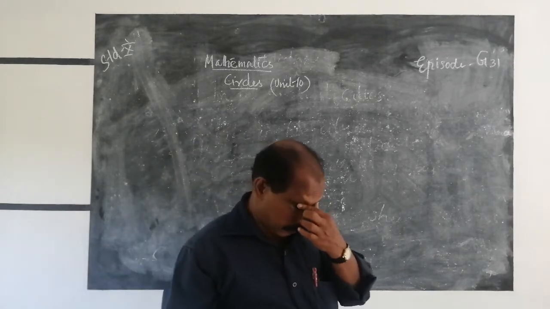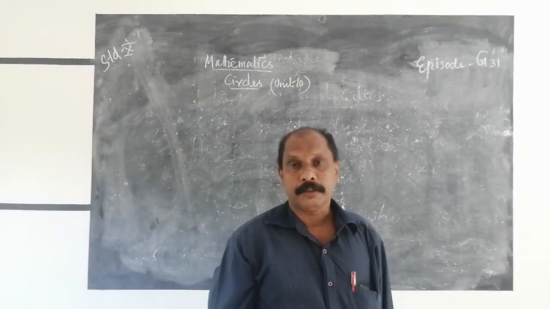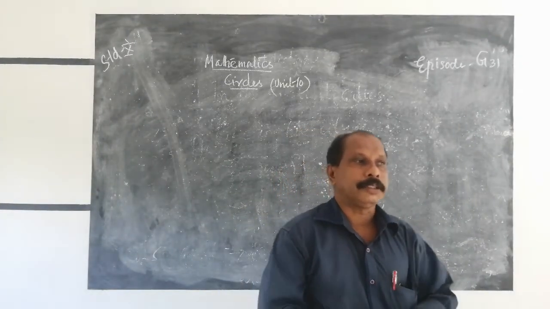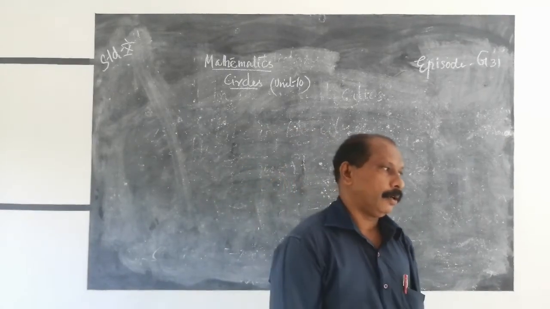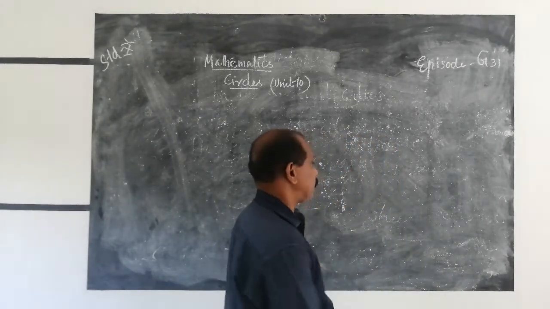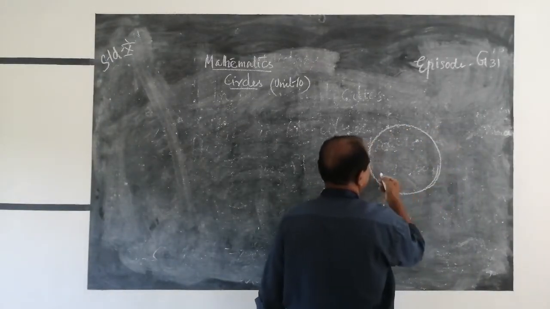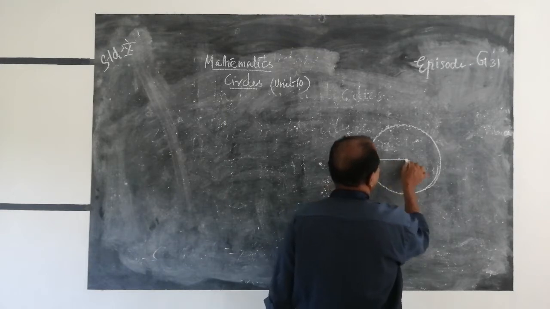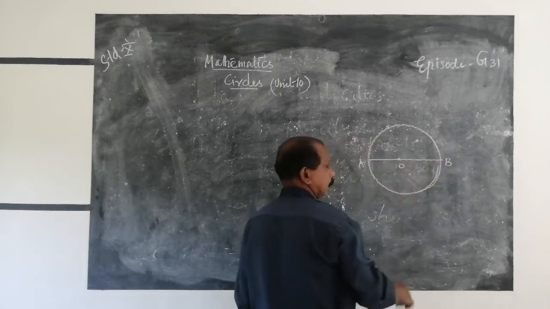In this chapter, what will be the circle? What is a circle? In a plane, if any point moves with respect to a fixed point, then the path traced by that point is a circle.